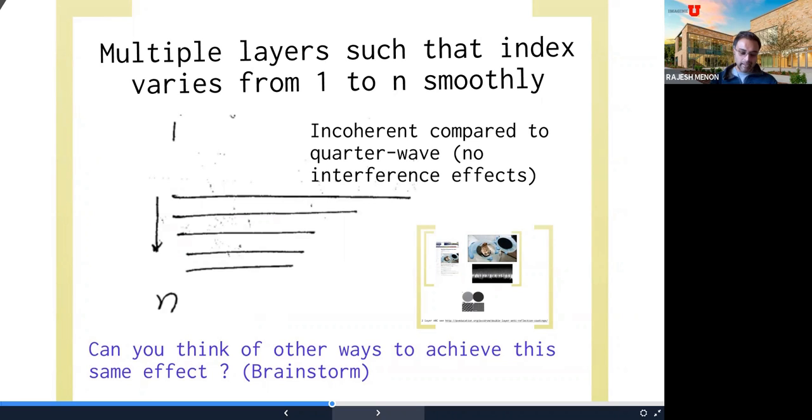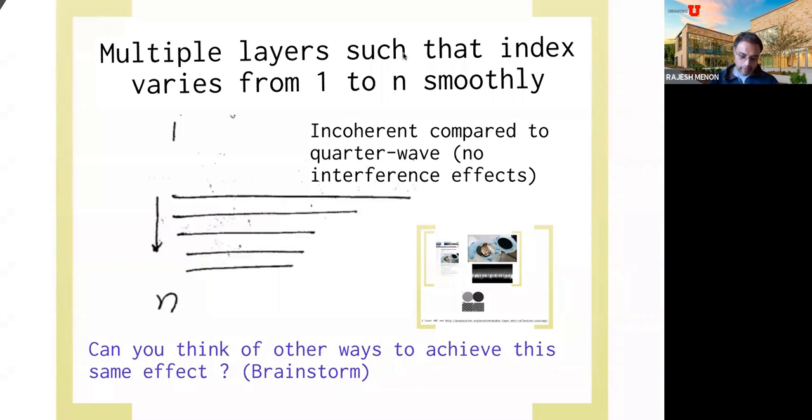I have a slightly smaller index, so let's say this is 0.9 n and this is 0.8 n, and so on and so forth, 0.1 n, and then eventually 1. If I can put in different layers of different materials with lower and lower index, I can achieve this.